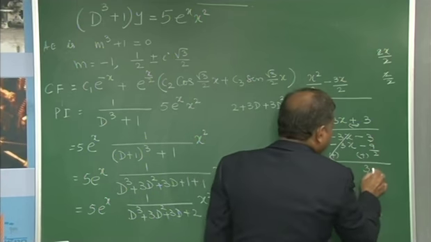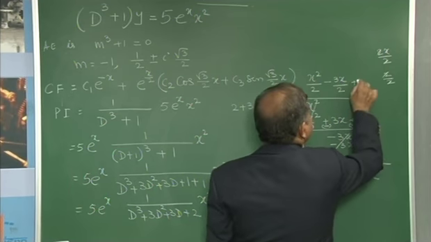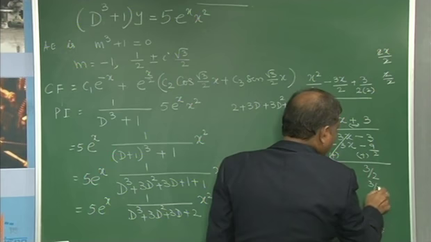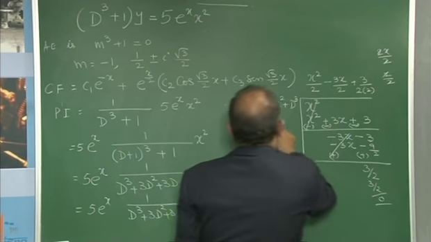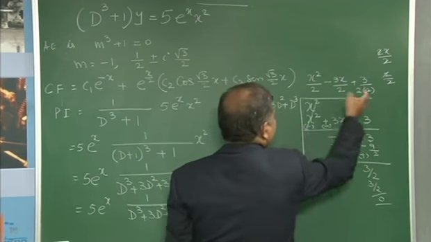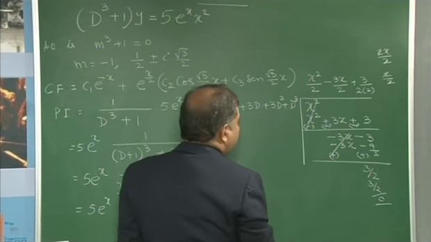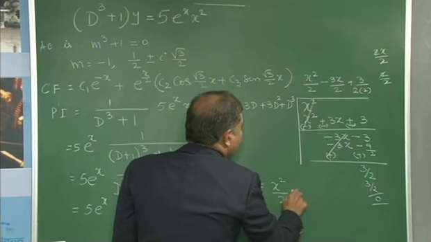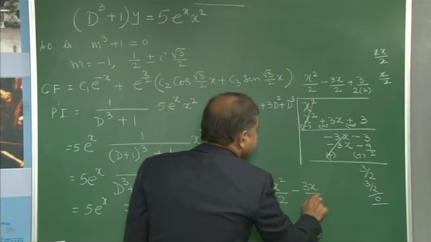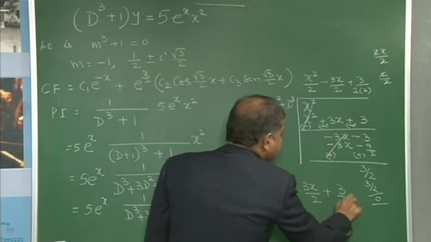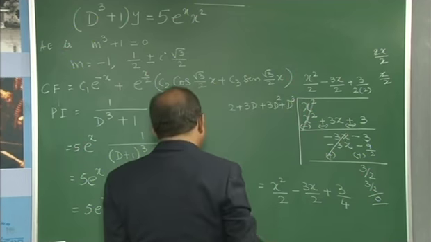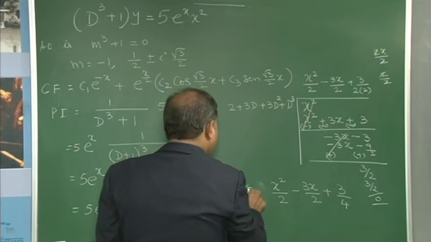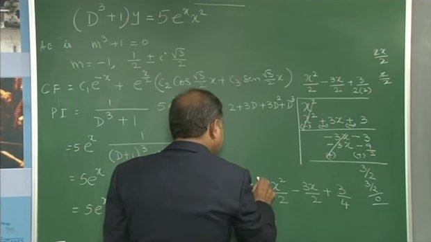So 3 by 2 I will get. So plus 3 by 2 into 2, 3 by 2. Always this 2 is coming to the denominator. Therefore, this is equal to x square by 2 minus 3x by 2 plus 3 by 4. This is your particular integral multiplied with this 5 e power x.